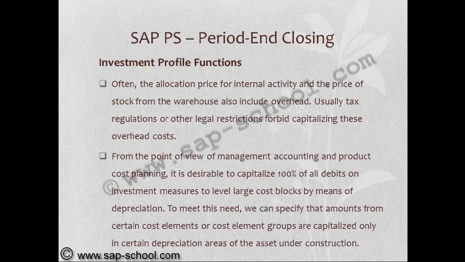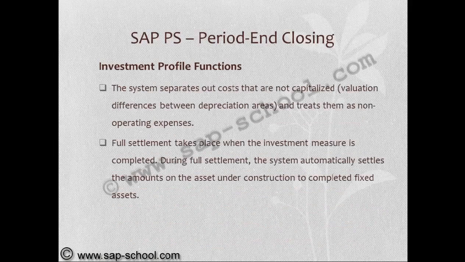To meet this need, we can specify that amounts from certain cost elements or cost element groups are capitalized only in certain depreciation areas of the asset under construction. The system separates out costs that are not capitalized and treats them as non-operating expenses.